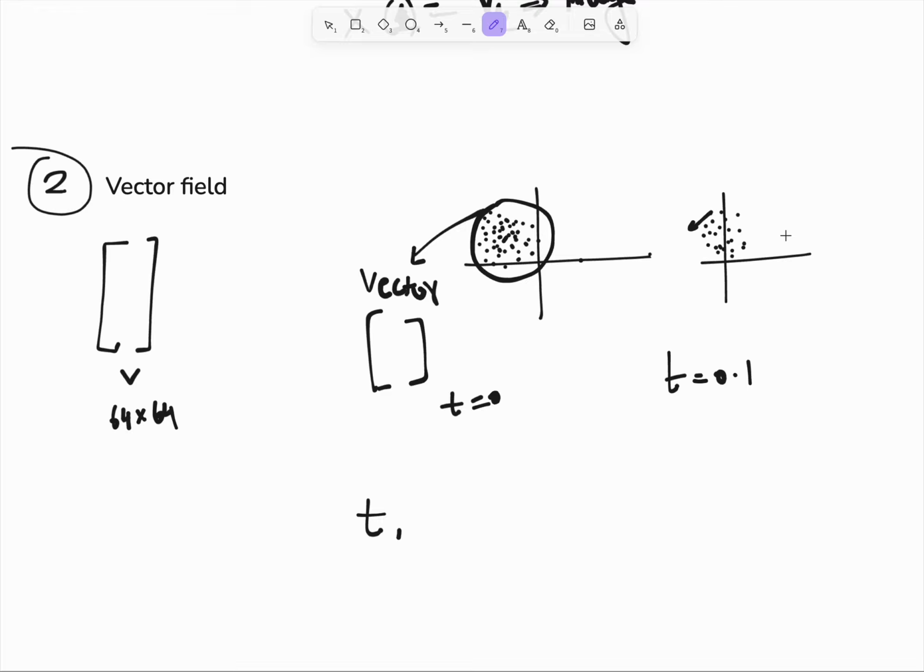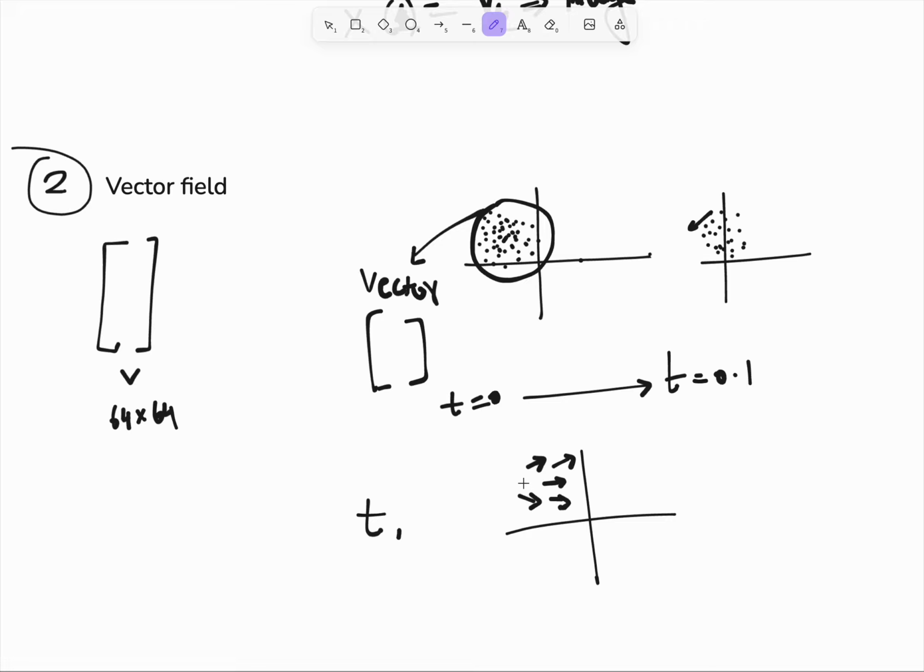Essentially it's their derivative. If we assume this movement from t=0 to t=0.1, the vector field for this point would be like this, the vector field for this point would be like this, and for this point like this.